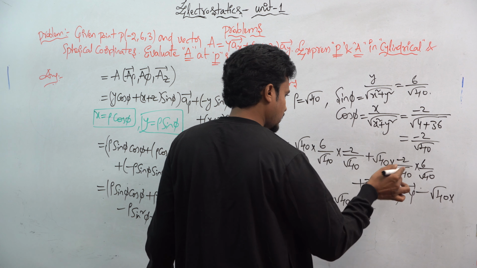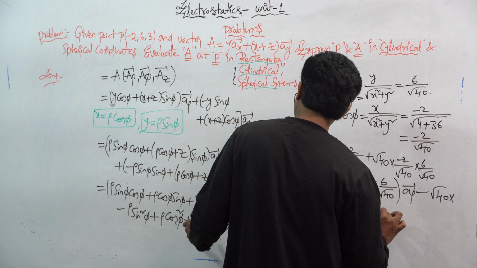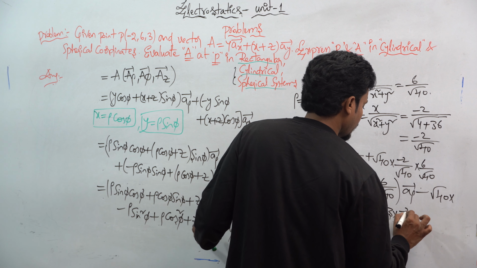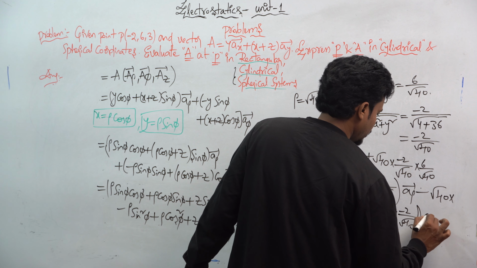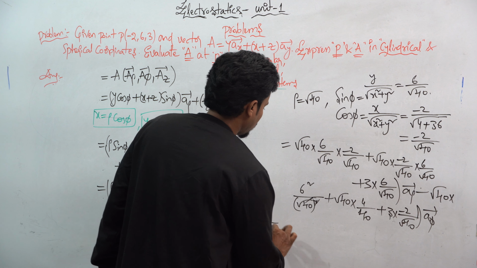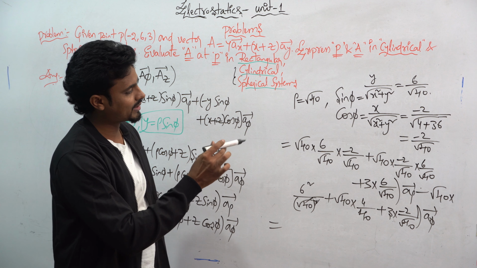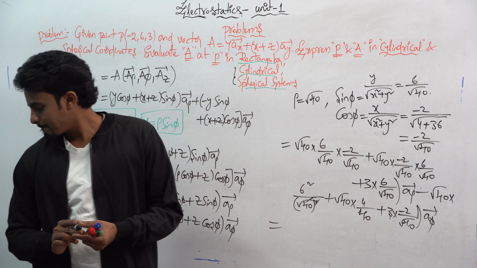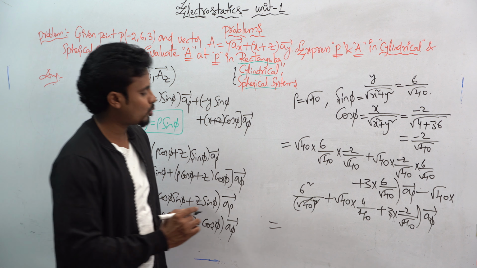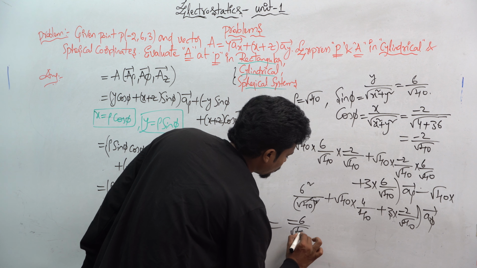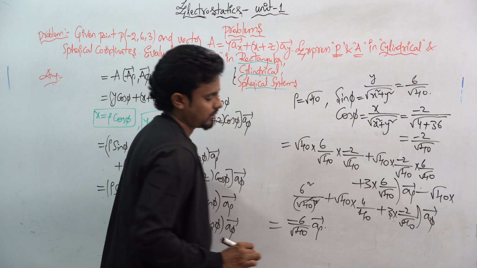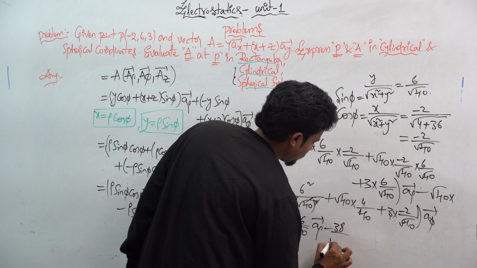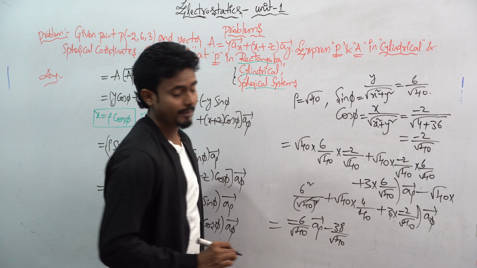The square root gets cancelled, plus z, 3, into cos φ, minus 2 divided by root 40, into a_φ bar. Okay, put this equation and just cancel the equivalent terms. After that, calculate how much the answer you will get: minus 6 by root 40 a_ρ bar minus 38 divided by root 40 a_φ bar.